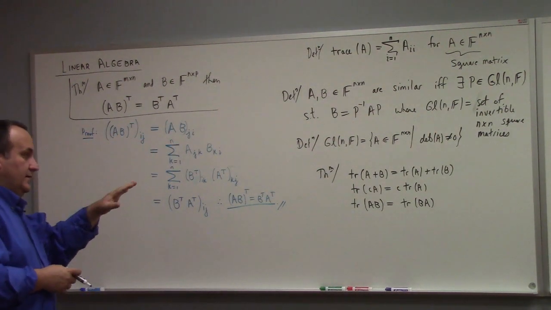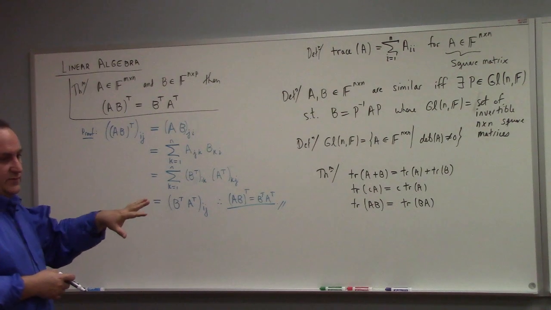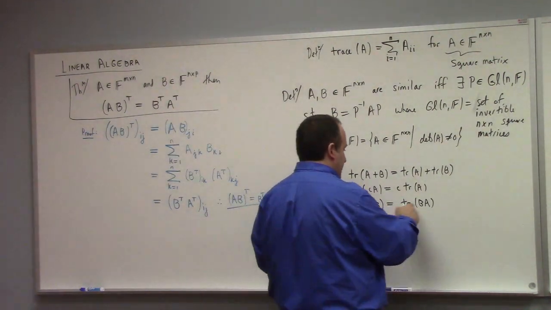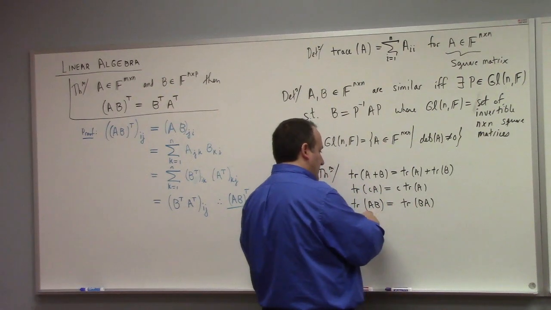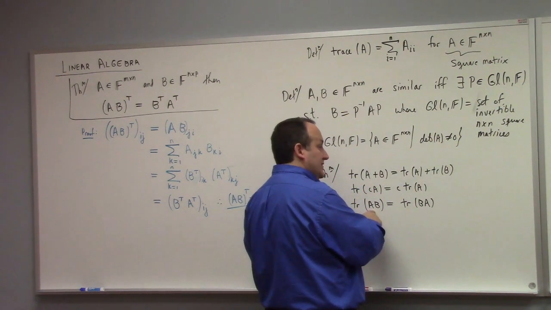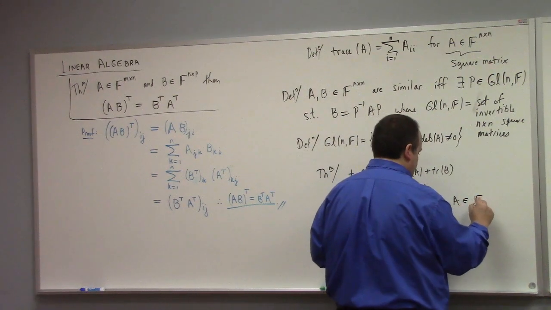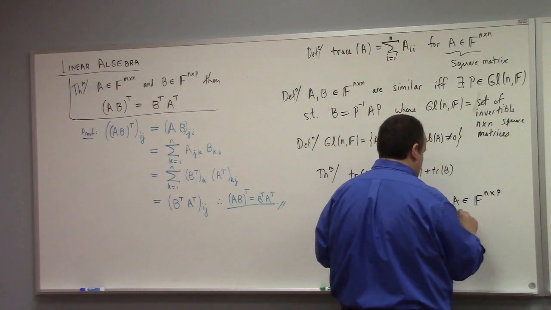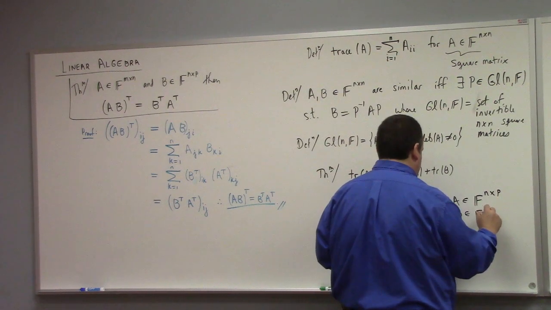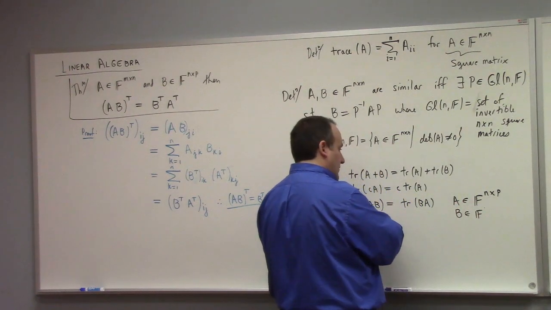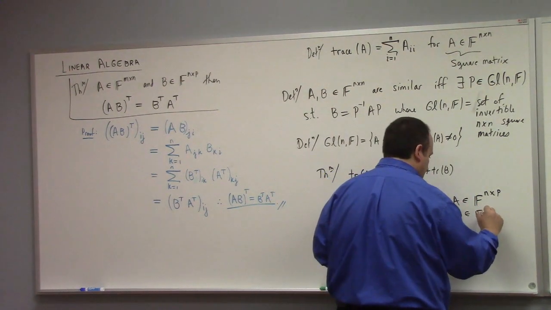And that's not just for square matrices. You have A an element of F^{n by p}, and B an element of F^{p by n}, right?